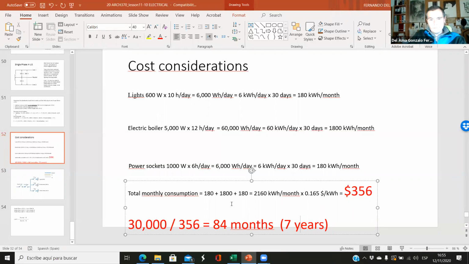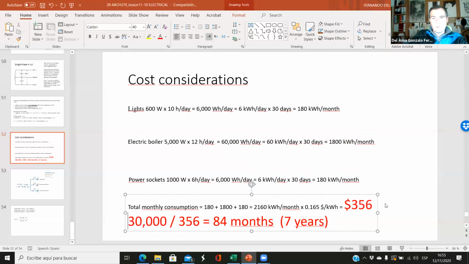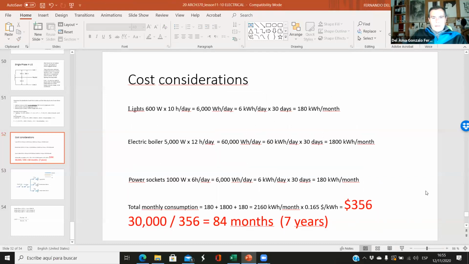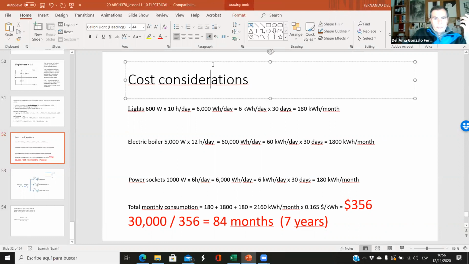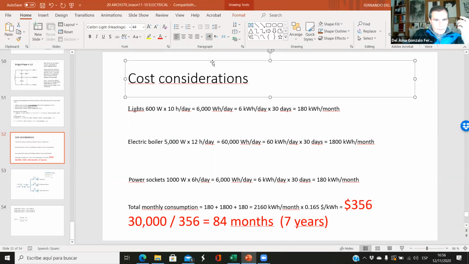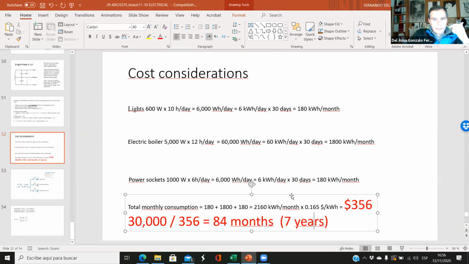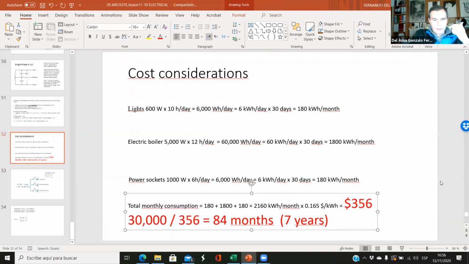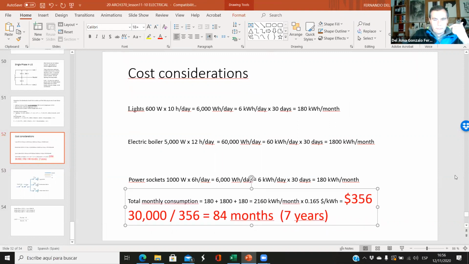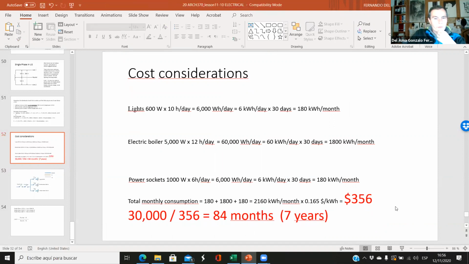Okay, so that's why this is important. We are committed to sustainability. We want to save the planet. We want to design zero energy buildings. But at the end, if it's not a good business, forget about it, because nobody will do that.